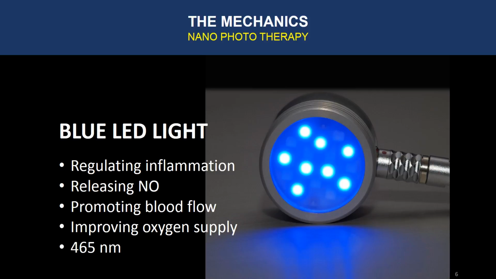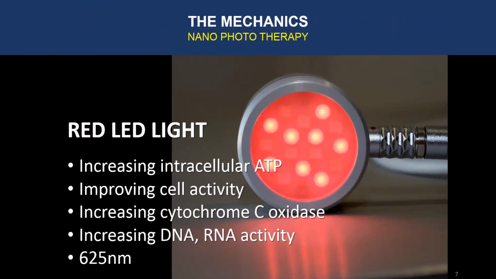And we have the red light. This red light helps in increasing intracellular ATP, improving cell activity, increasing cytochrome C oxidase, and increasing DNA and RNA activity, and this light is at 625 nanometers.